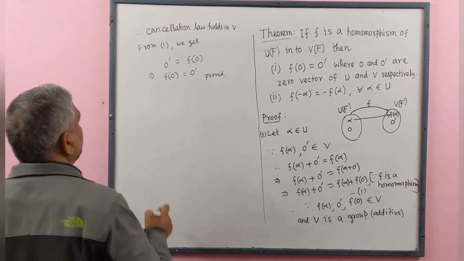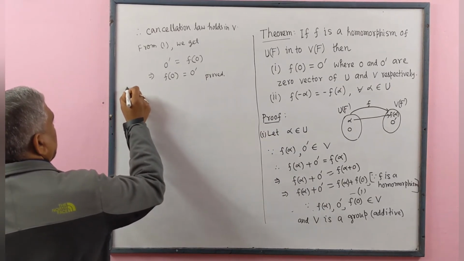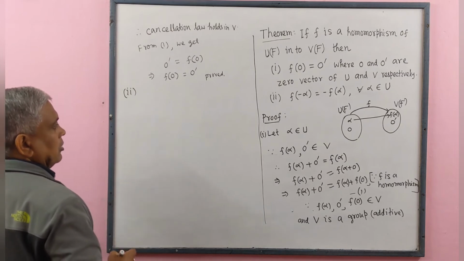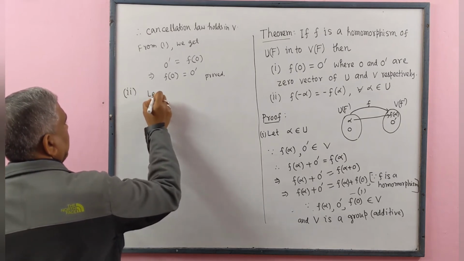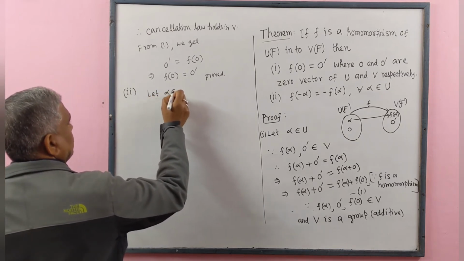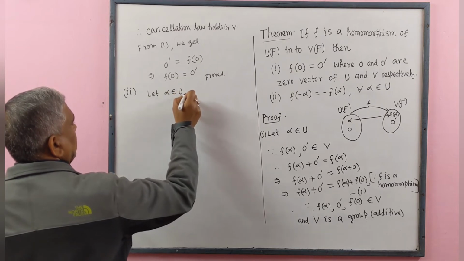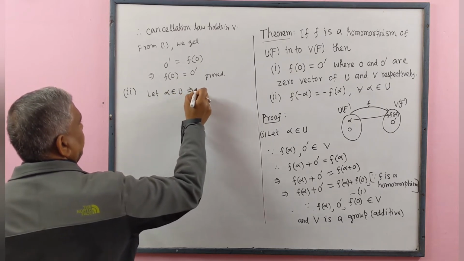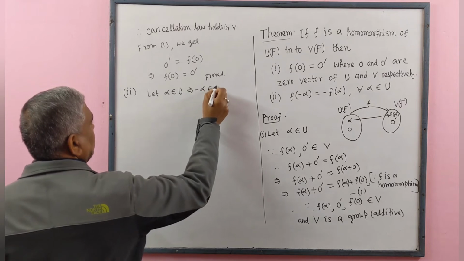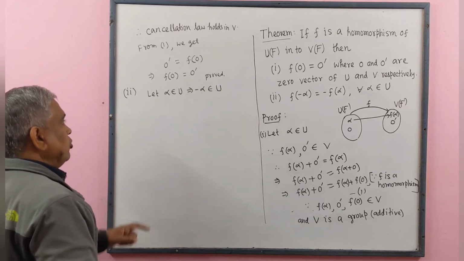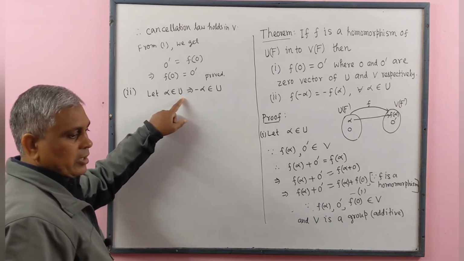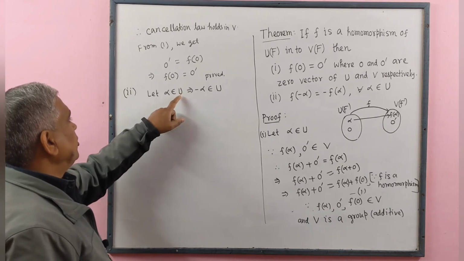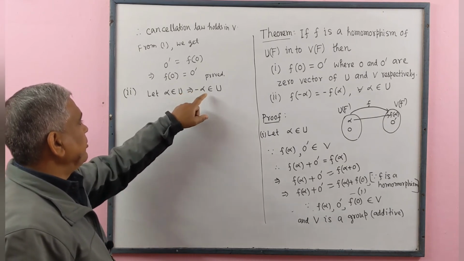Now we prove number 2. Let alpha belong to U, which implies that minus alpha belongs to U, because U is a vector space. That means U is an additive group.